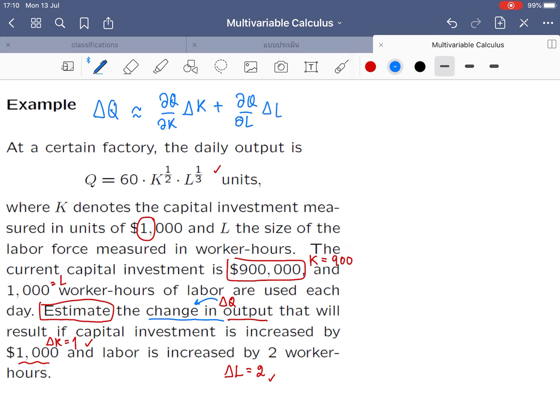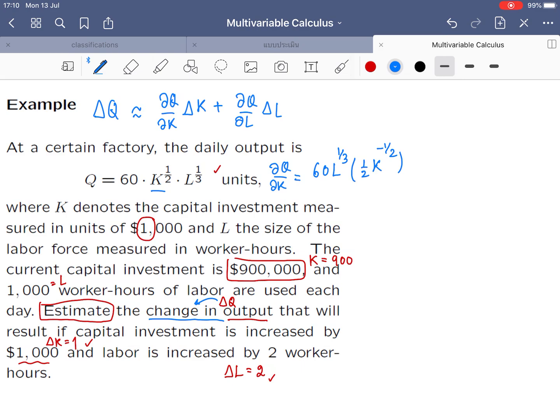So what you have to find is dQ/dK. This one is not that difficult because 60 L to the power 1/3 is all constant, and the derivative goes directly to K to the 1/2, which gives 1/2 K to the negative 1/2.